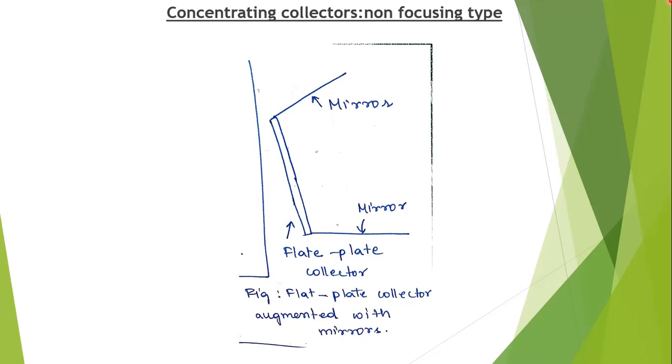For this reason, we can provide only a relatively small increase in solar radiation falling on the absorber. So flat plate collectors with this type of design are not widely used. They are used where low cost is required.